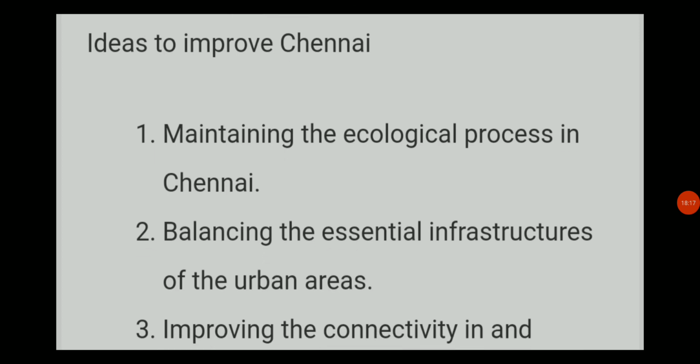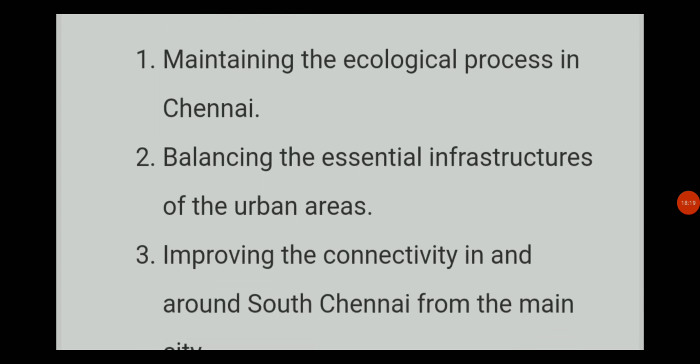Ideas to improve Chennai. So consider Chennai is the given area. So here is a sample of how they can improve the area in Chennai using the data available. First point is maintaining the ecological process in Chennai. Second one, balancing the essential infrastructure of the urban area. Third one, improving the connectivity in and around South Chennai from the main city.